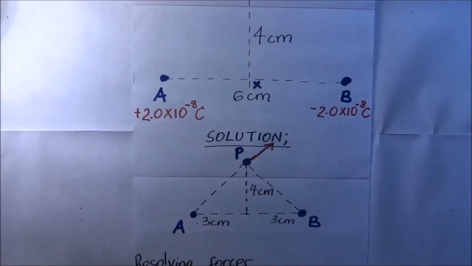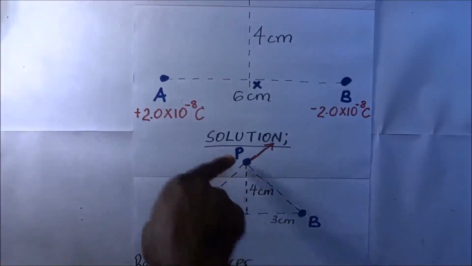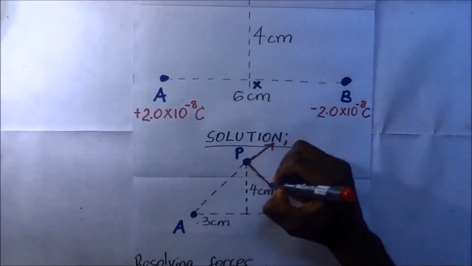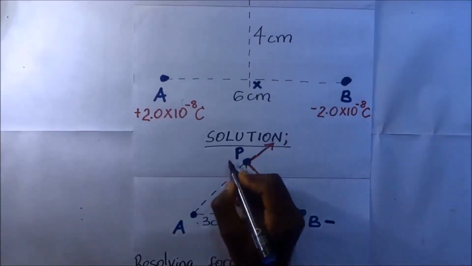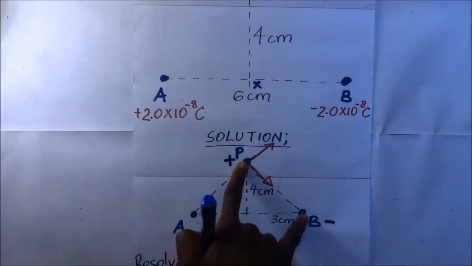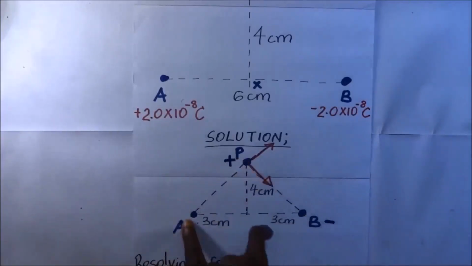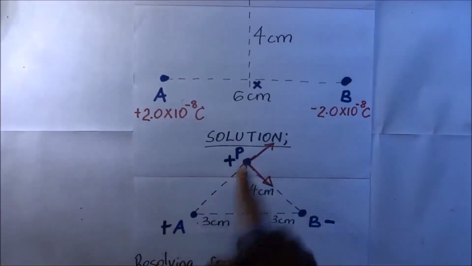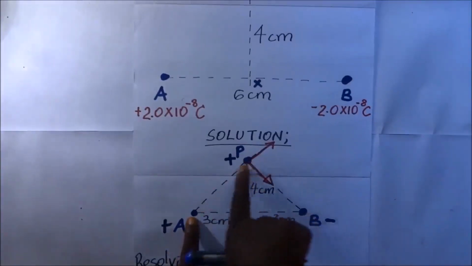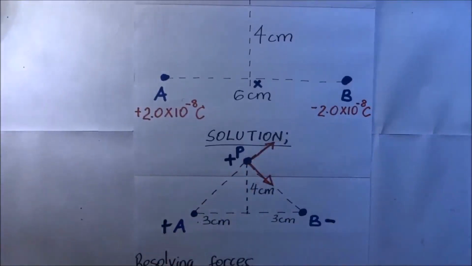And the force acting on P due to B will be attracting, so it is in that direction. Why is that? Unlike charges attract and like charges repel. According to our question, B is negative and P is positive. That's why there is an attraction here. Between A and P, this is positive and this is also positive, so there is a force of repulsion. This is being pushed away.